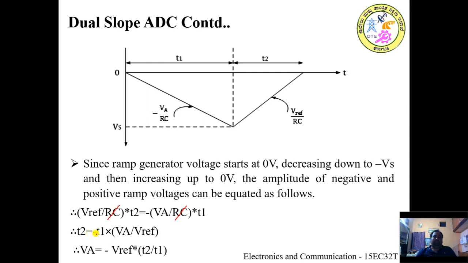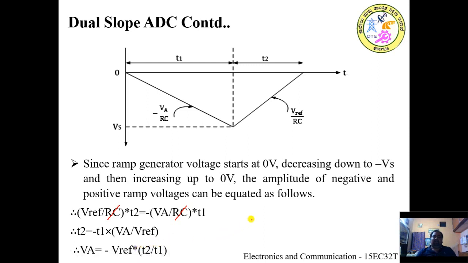So T2 will be given as minus T1 into VA divided by V reference, and if VA is taken at the LHS side, then we get the equation minus V reference into T2 divided by T1. Thus the unknown analog input voltage VA is directly proportional to the time period T2, because here V reference is the known value and T1 is a predetermined time period.